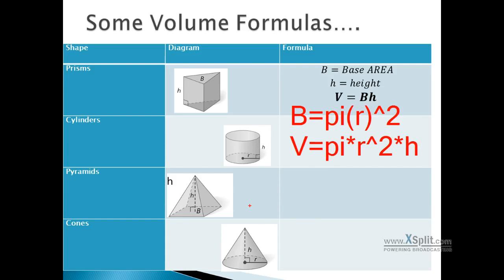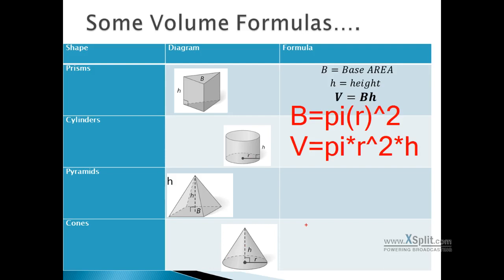For pyramids and cones, there's a really cool fact that if you fill up a pyramid with water, if you have a pyramid and a prism that are the same shape, except obviously one's a pyramid, one's a prism, so they have the same base area, same height, if you fill it up with water, it'll take 4 of those pyramids to fill a prism. Similarly, it takes 4 cones to fill a cylinder. 3.